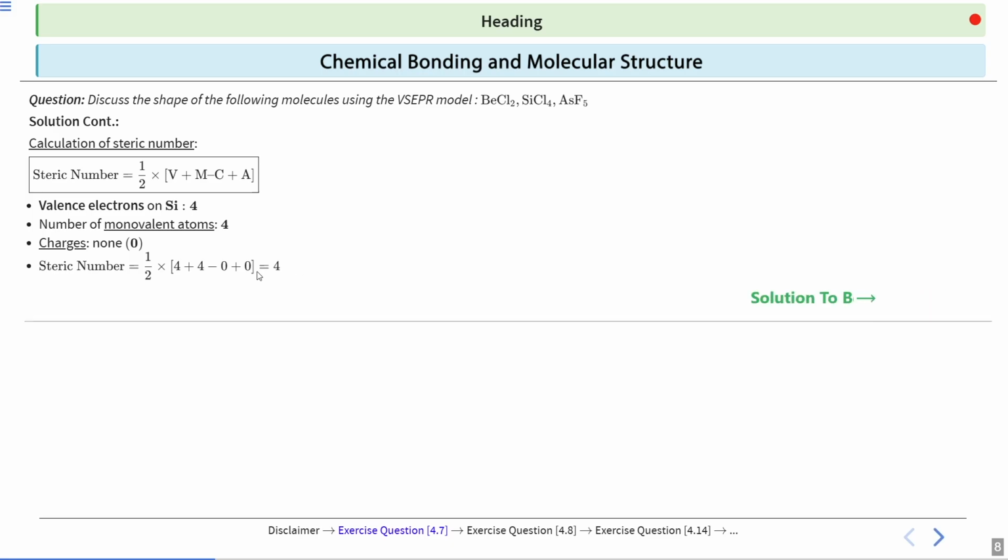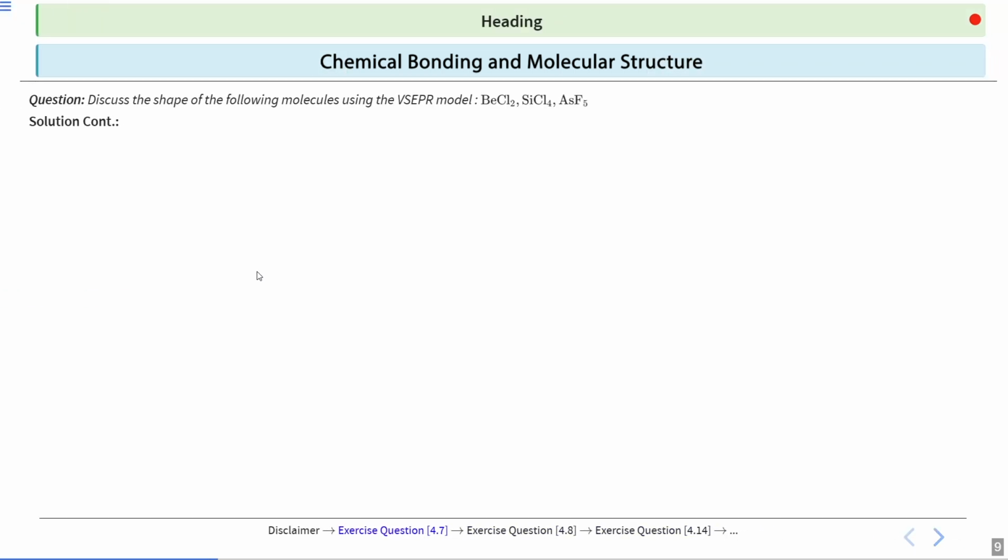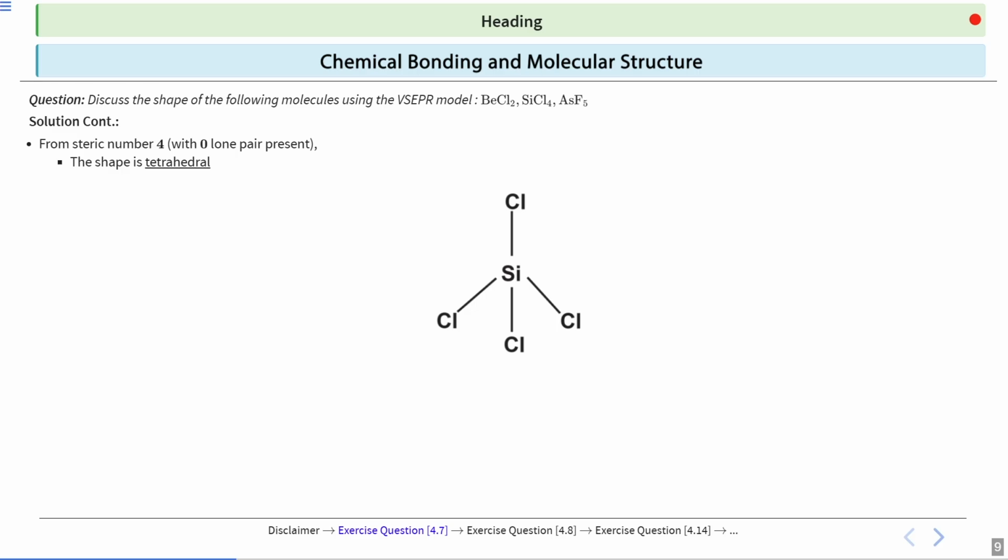So if the steric number is 4, what will be the shape? The shape will be tetrahedral because it has no lone pair on it, and that tetrahedral will be completely ideal in nature. Now one more question for you. For the case of BeCl2 and SiCl4, what will be the geometry if the shape is already determined?